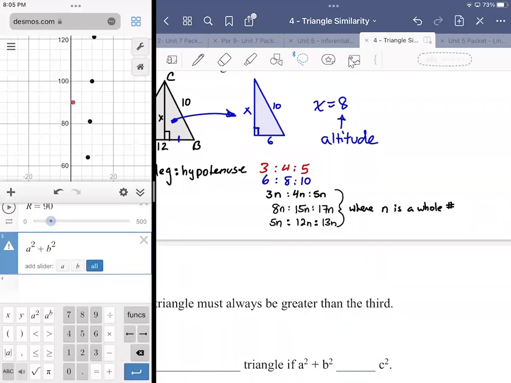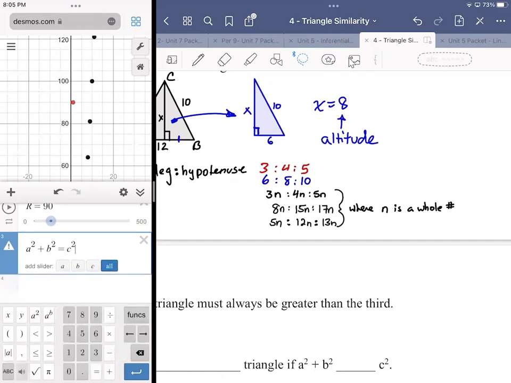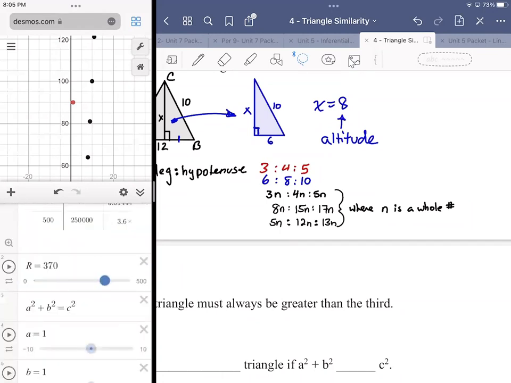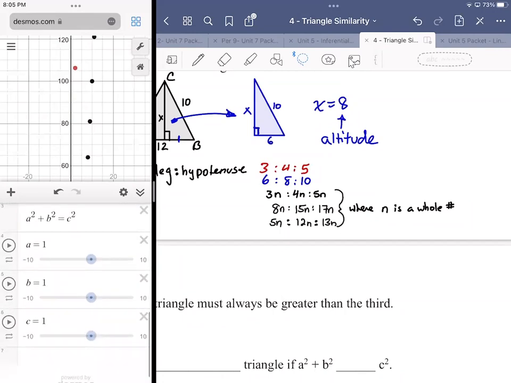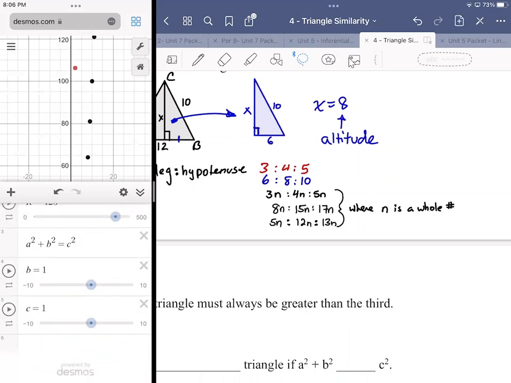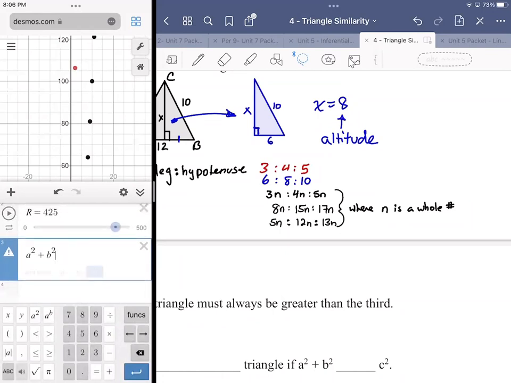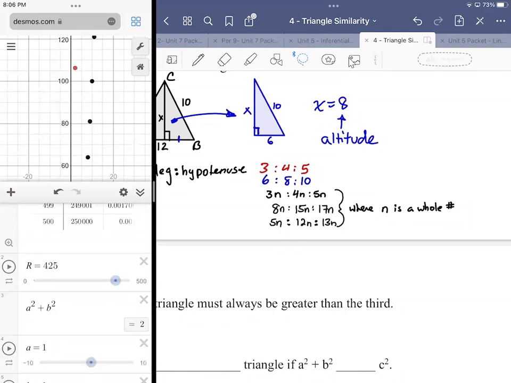Right. Now, if you try to put in the whole Pythagorean theorem, it's like, but what do you want to do here? It'll create some sliders and it'll just do nothing. Right. So that didn't help anyone do anything. But what I can do is put in a squared plus b squared as one operation and create some sliders for that.